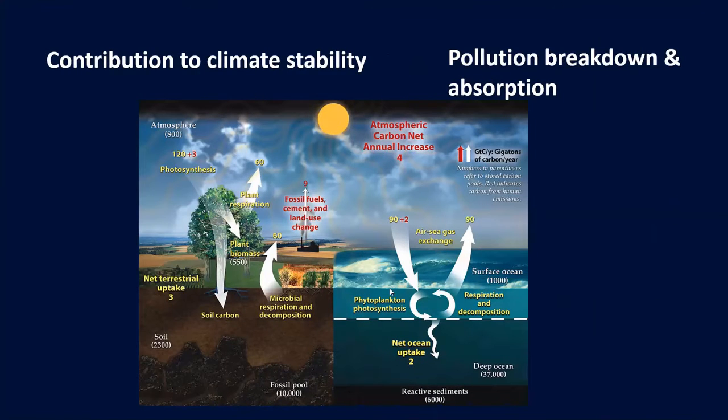Now, coming to the contribution to climate stability and the pollution breakdown and absorption value of biodiversity. Among the ecosystem services supported by biodiversity is climate regulation. This is a very important value of biodiversity, I can say.